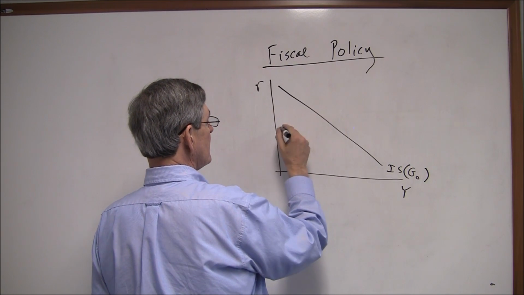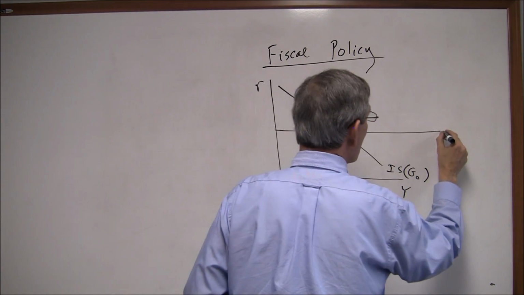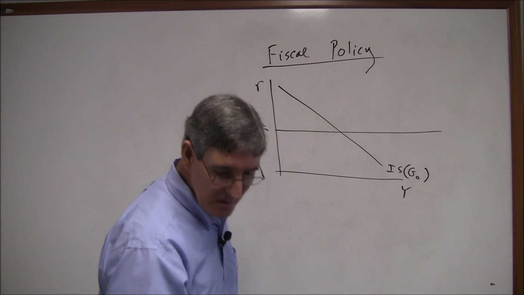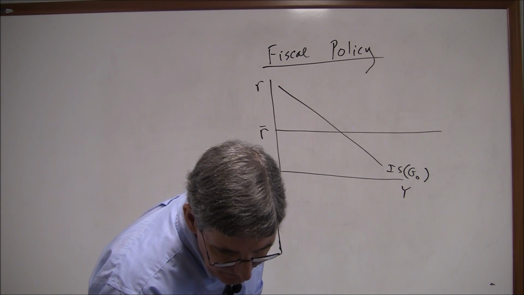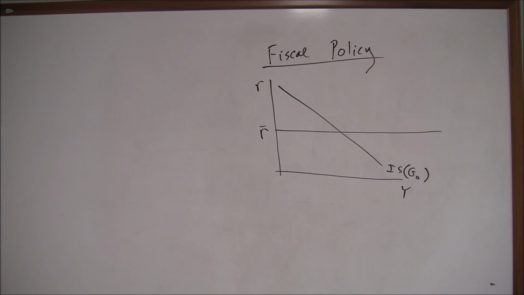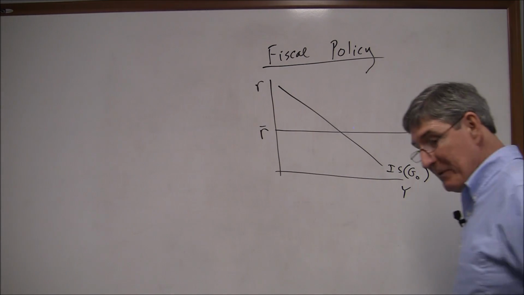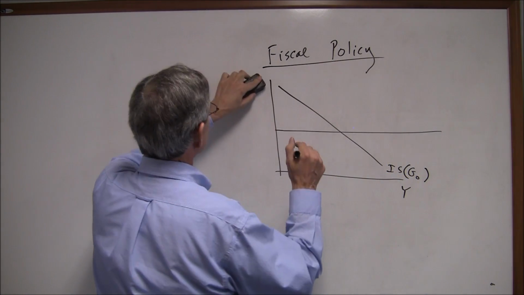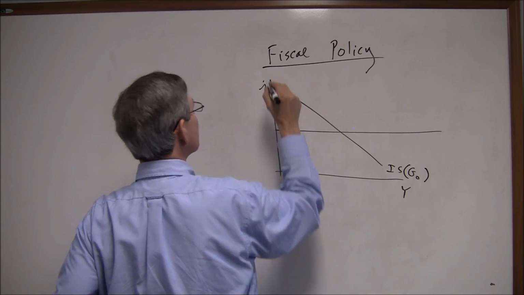So here's our target. I think the book calls this R bar. Maybe even I bar. Let me look real quick, make sure I'm using the right. Oh, the book uses I, and I've been using R. Again, they're the same. Oh well.